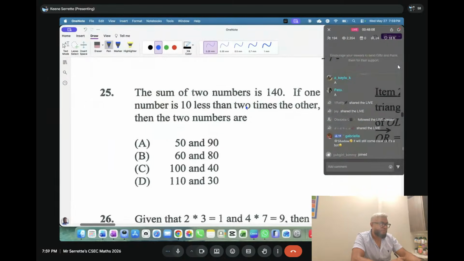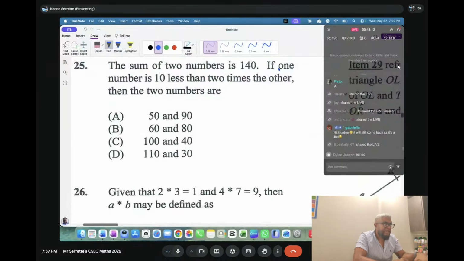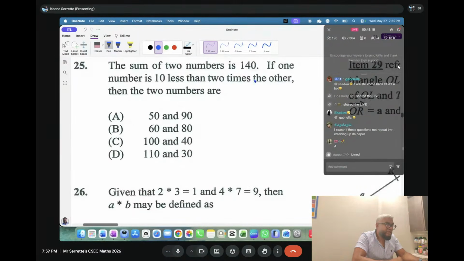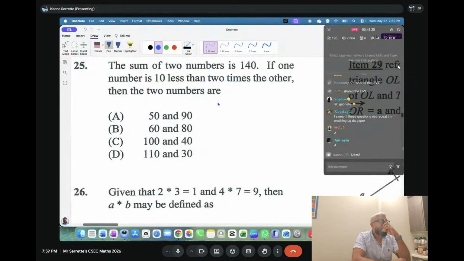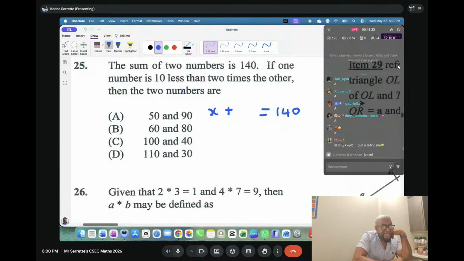The sum of two numbers is 140. If one number is 10 less than 2 times the other number, then the two numbers are what? So the sum of two numbers is 140. One number is x, and the next number is 10 less than 2 times the other.